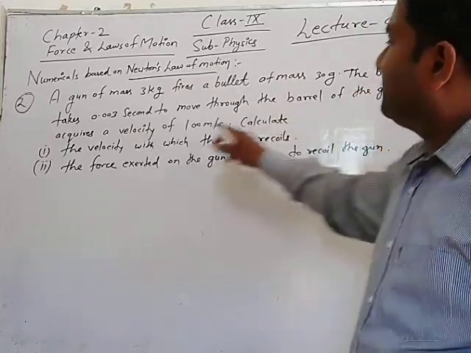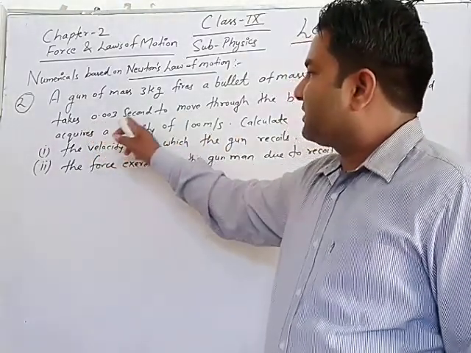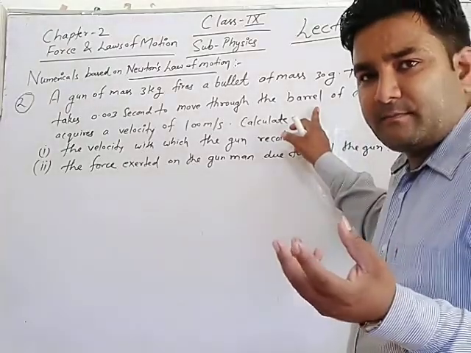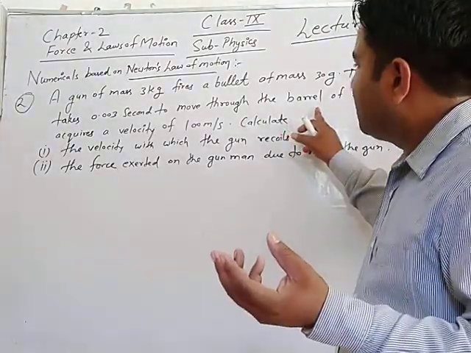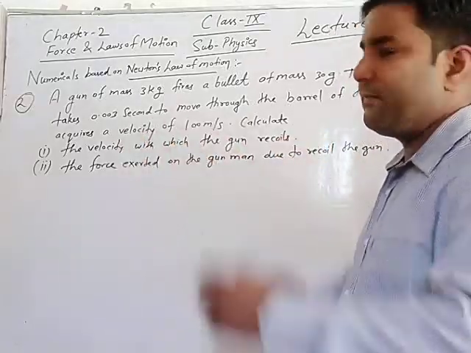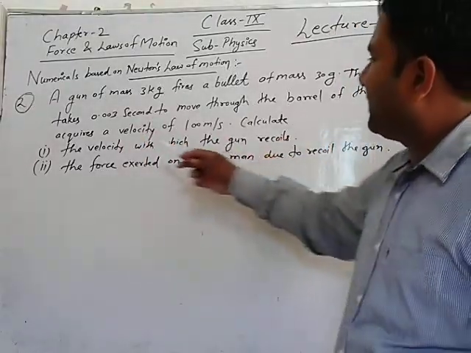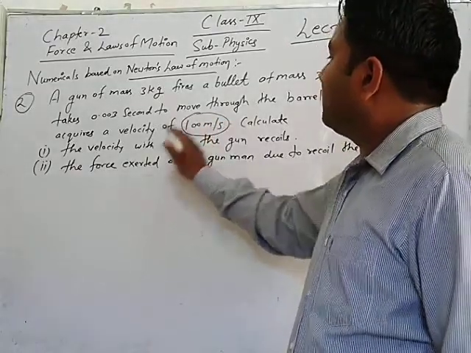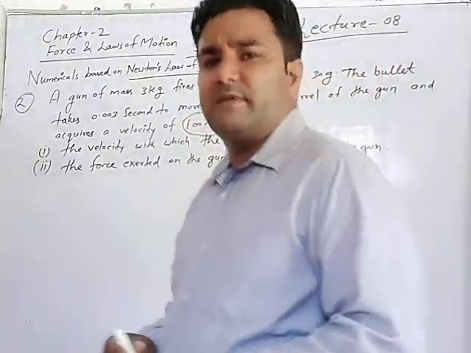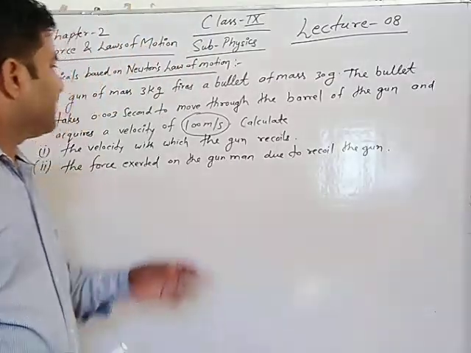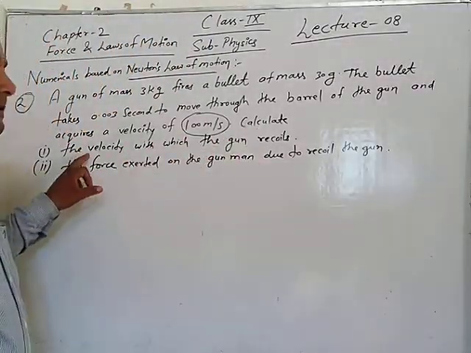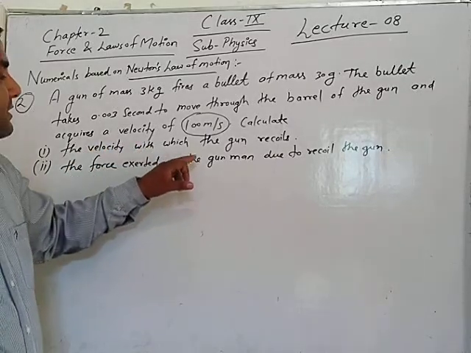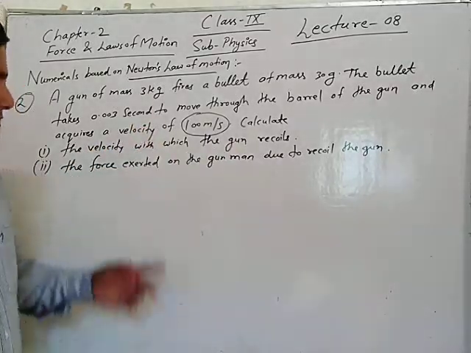The bullet takes 0.003 second to move through the barrel. This is the time in which the bullet moves through the barrel of the gun and acquires a velocity. This is the velocity acquired by the bullet, that is small v. And here we have to calculate, number first, the velocity of the gun by which it recoils. This is the first case.